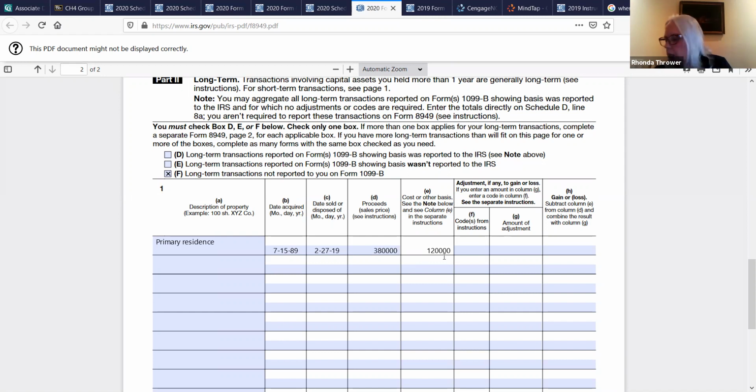And the amount of the gain would have been 380,000 less 120,000 is 260,000.